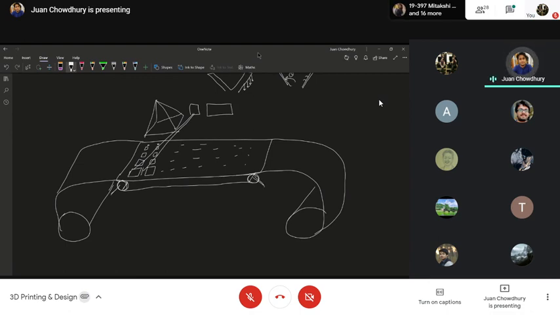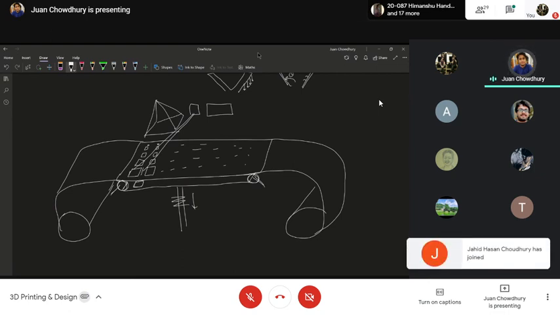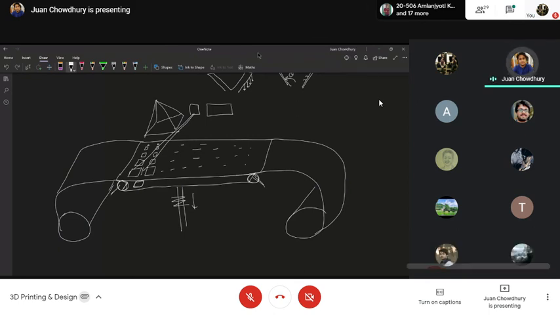Once this part is cut out, it will be placed on the plate and the Z stage plate will move down. Once it has moved down, this roller will pass and stick some glue on top of the surface. Then this part will be cut out and this roller will be displaced counterclockwise, which means it will move in the negative X direction.